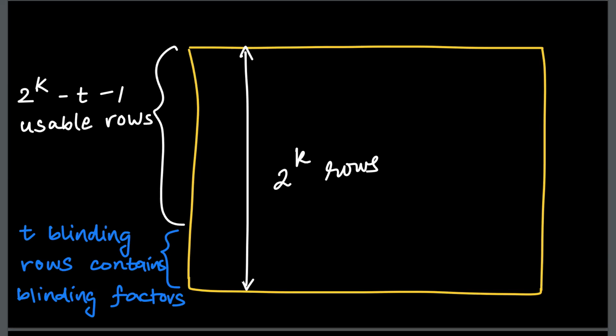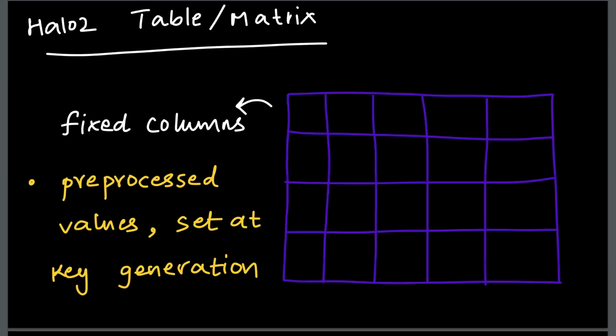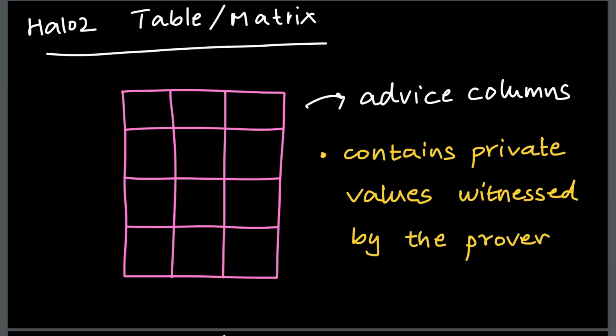Yeah, you can actually. There is this calculation. That's a nice question. It's usually less, and it's based on your witness size. So let's say you have five witnesses in advice columns.